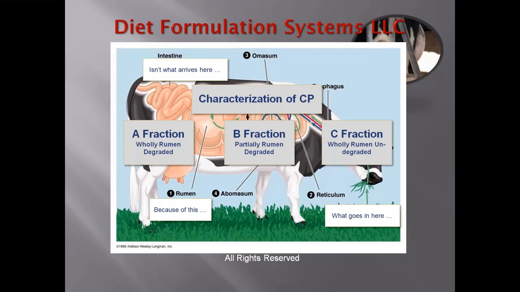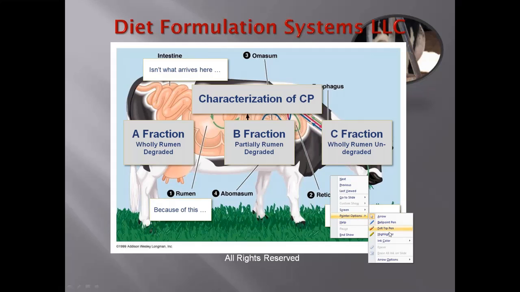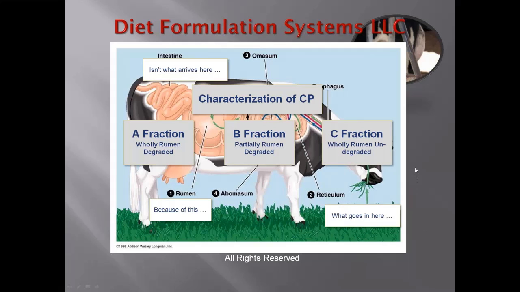And the C fraction is considered to be wholly undegraded in the rumen. So that's our A, B, and C fraction. These are expressed as percentages of crude protein, and the A fraction plus the B fraction plus the C fraction equals 100% of crude protein.